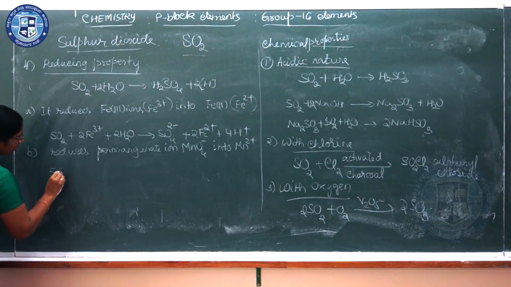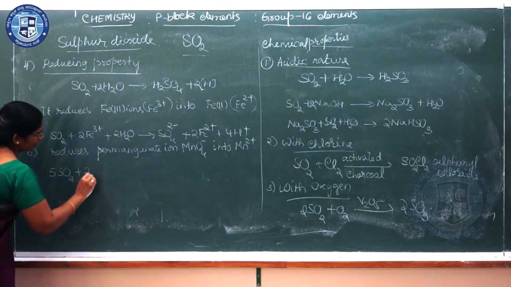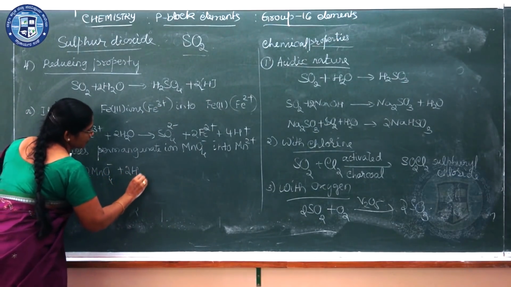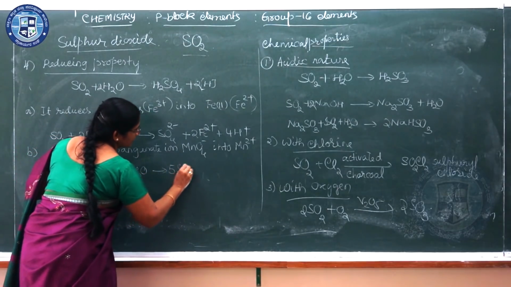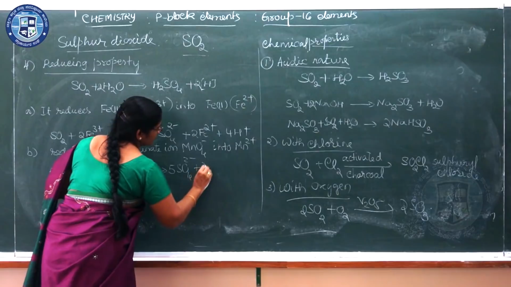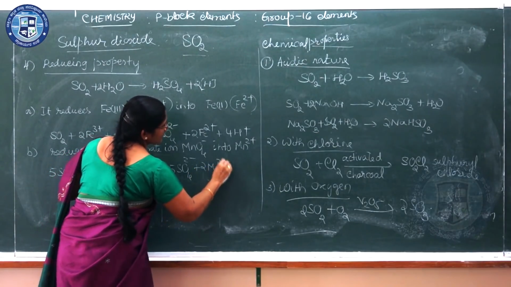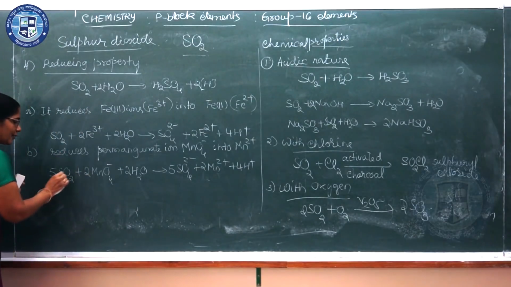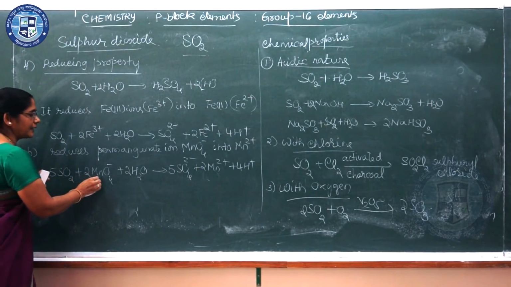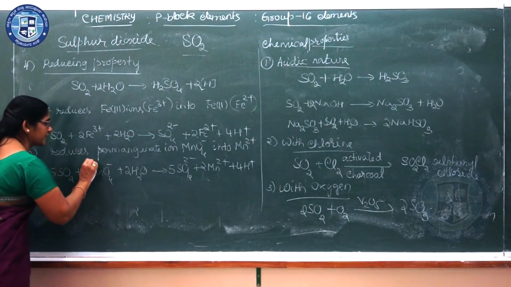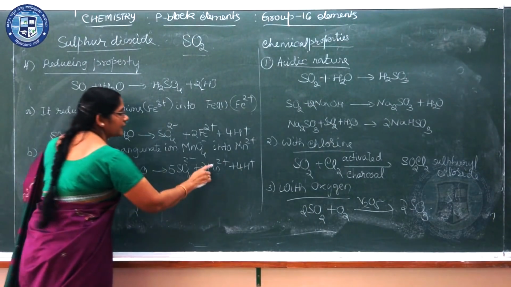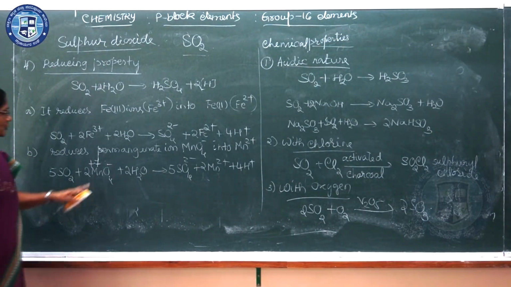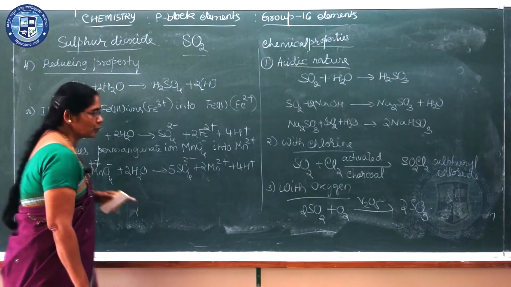Example: 5SO2 plus 2MnO4- plus 2H2O gives 5SO4 2- plus 2Mn2+ plus 4H+. So sulfur dioxide reduces permanganate ion to manganese, because here the oxidation number +7 becomes +2. So decrease in the oxidation number is reduction. So this reduces to Mn2+.